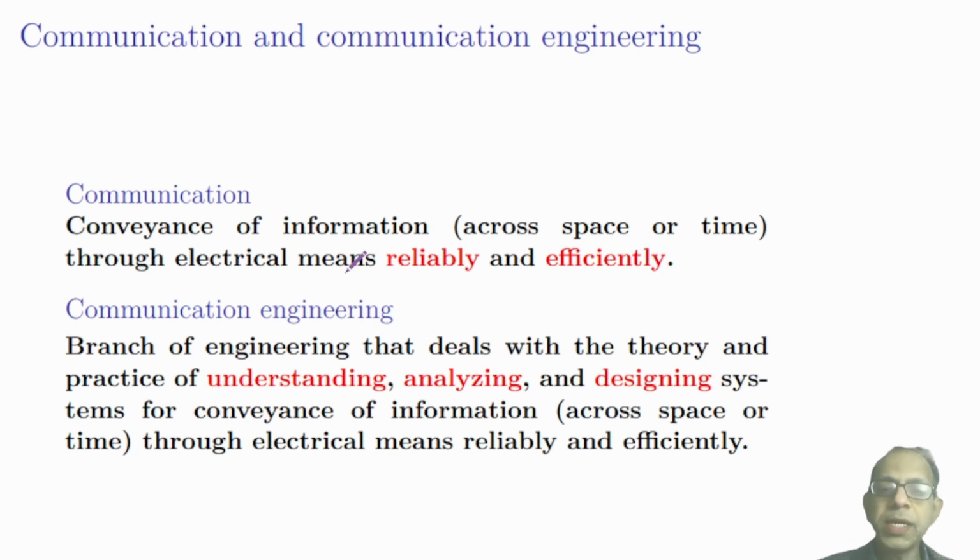And what are the objectives of communication? The primary objectives of communications are reliability and efficiency. What do we mean by reliability? Reliability means whatever information is transmitted by the sender, it should be received as it is without error by the receiver, or if it is not possible to receive without error, then the error should be minimized in reception.